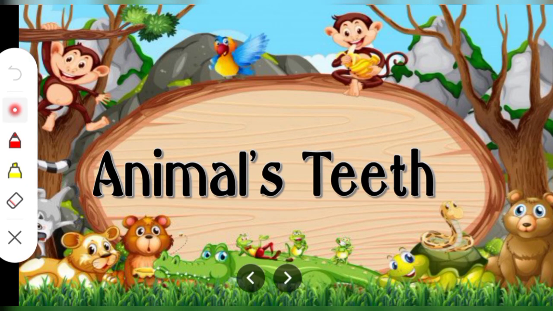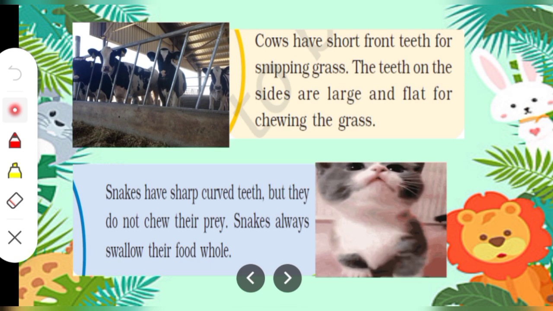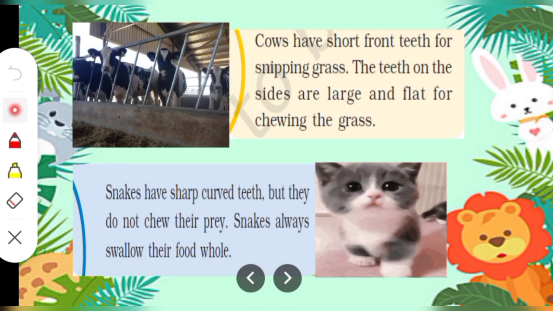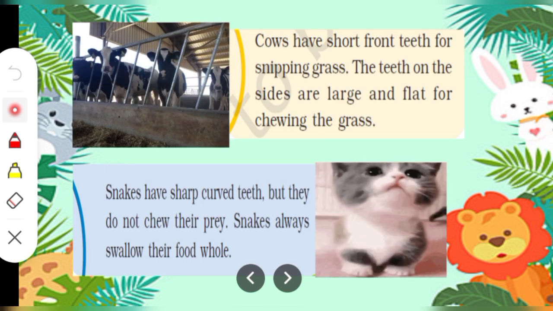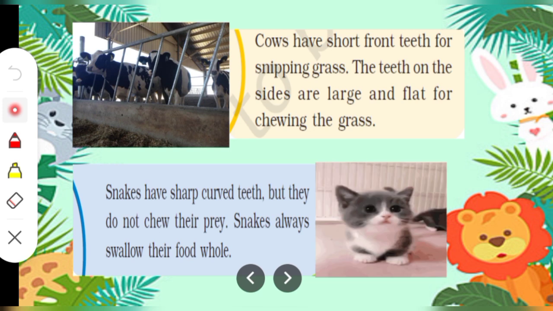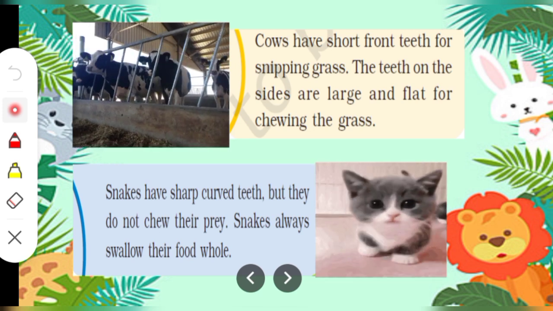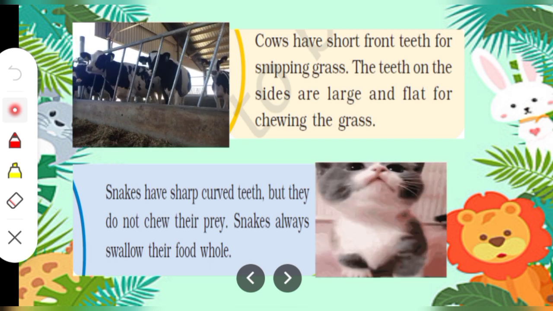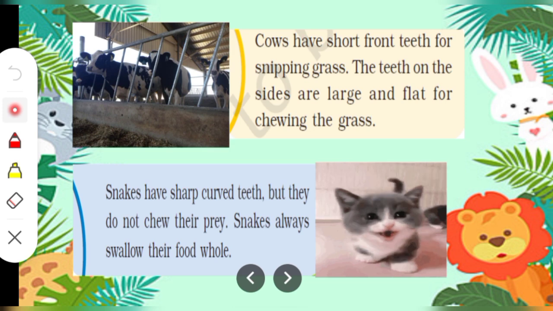Now, let us discuss the teeth of animals. First one is cows. Cows have short front teeth because they have to chew the grass, and these teeth help them to chew the grass easily. The teeth on the sides are large and flat so that they can chew the grass easily. Next one is snakes.